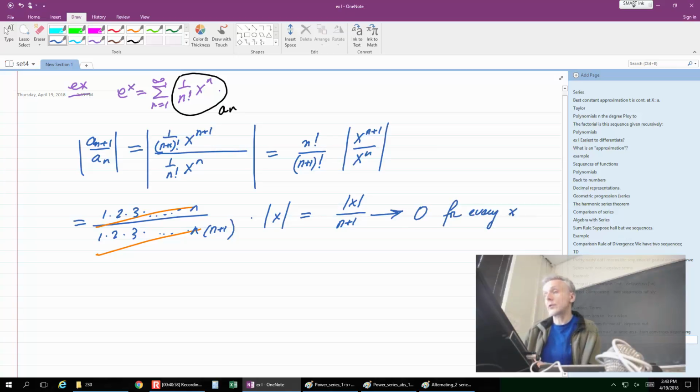For every x. So that is my R that we were looking for. This is the limit of the ratios, the ratio of our series, and its limit is equal to 0. So by the ratio test, the series converges absolutely.